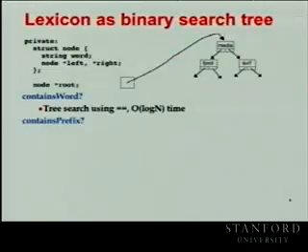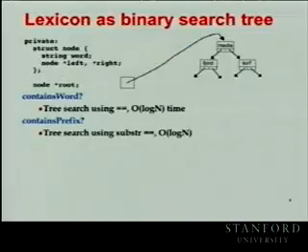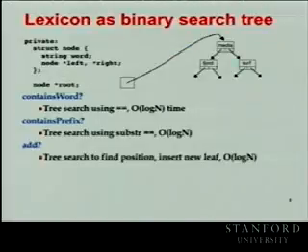Contains prefix, same deal. In this case, looking at the substring, working our way down, knowing which way to go. And then add can also perform in logarithmic time because it does the same search, falling off the bottom and then inserting the new word there, or finding it along the way and not having any work to do. So we can get all our operations down to logarithmic time, which we know to be fast enough to actually not be worth fighting any harder for.